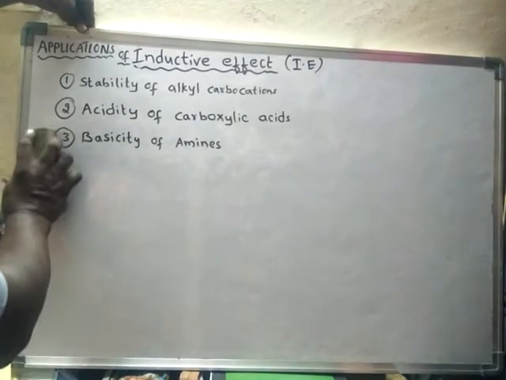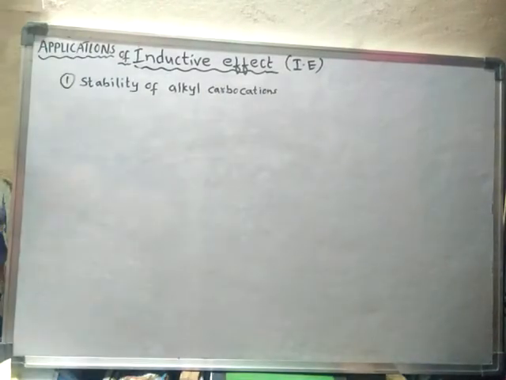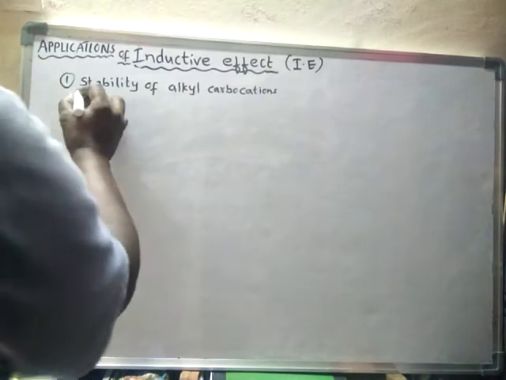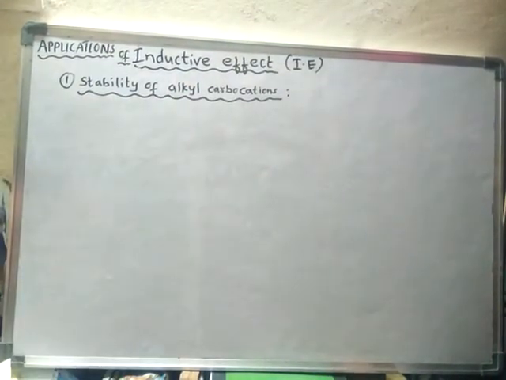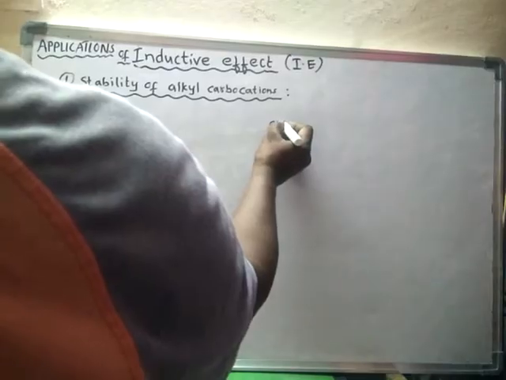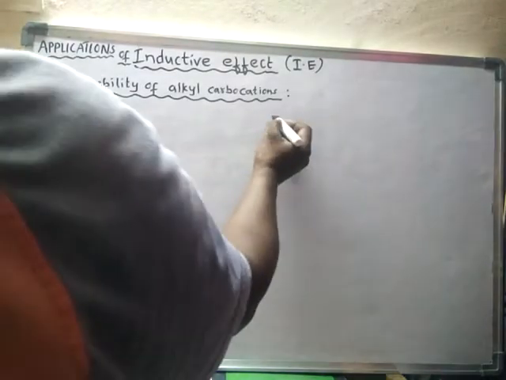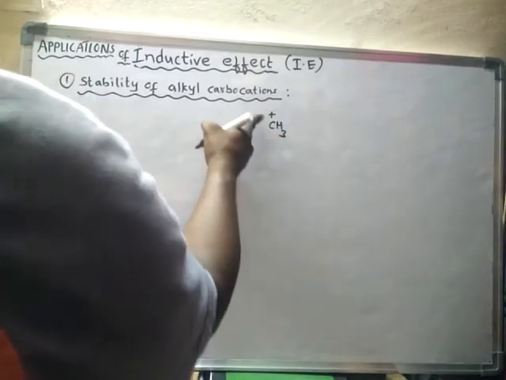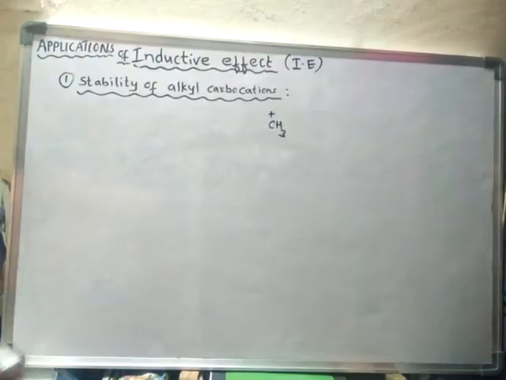First we will learn how to explain the stability of alkyl carbocations. See the order, CH3, methyl group. Carbocation means the carbon has positive charge on it.